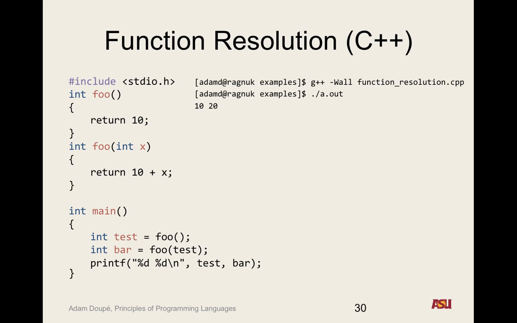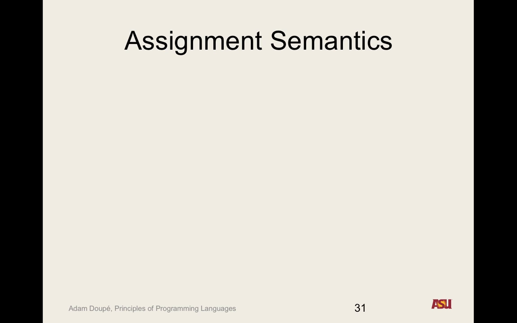Perfect. Cool. Okay, so we'll talk very quickly about assignment semantics before we go, to give a little preview of where we're headed. We talked about scoping, how to map a name to the declaration, the place where it's declared. We talked about how to map a function call to the exact function where it was defined, and we talked about function signatures.